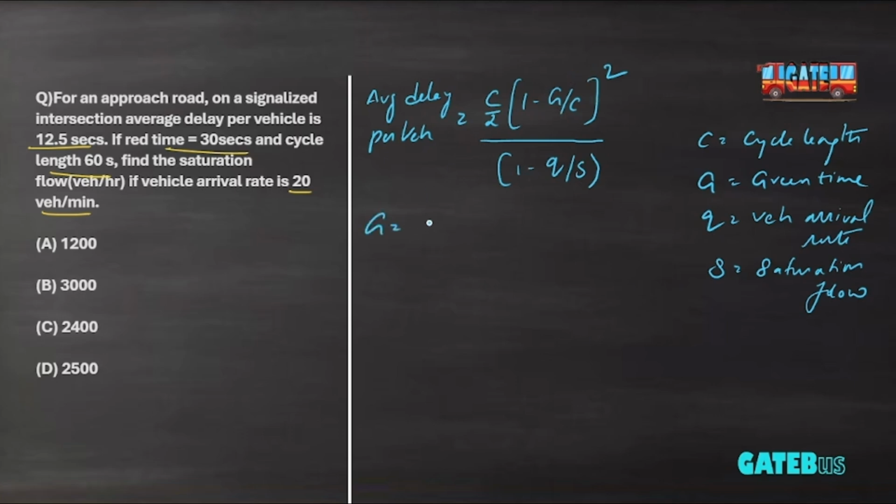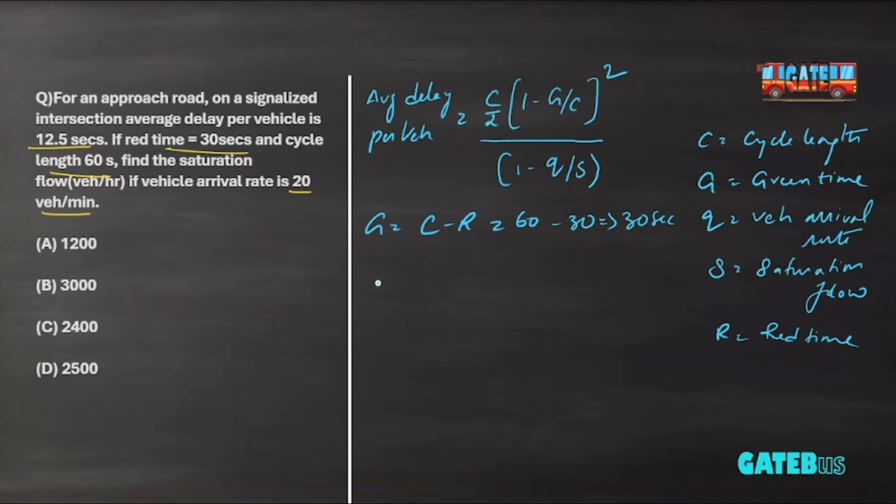So green time is equal to cycle length minus red time. R is equal to red time. So you have 60 and 30. That gives 30 seconds. So we got G as 30.